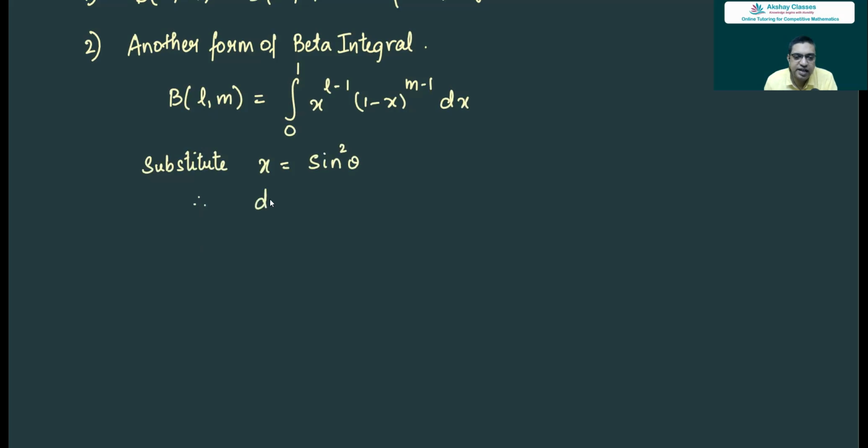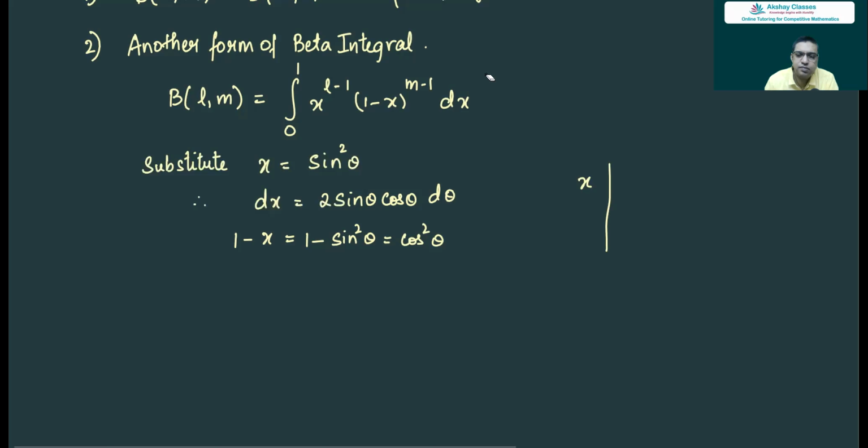Therefore, dx will be 2 sine theta cos theta d theta. And 1 minus x will be 1 minus sine square theta, which is cos square theta.